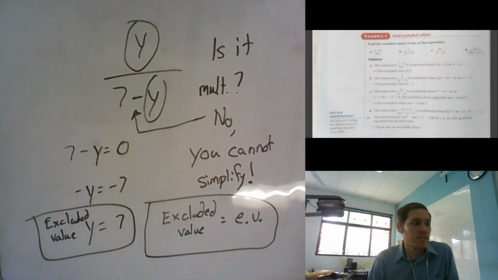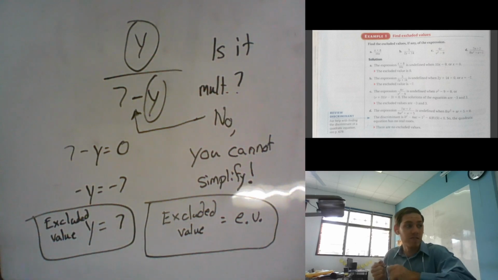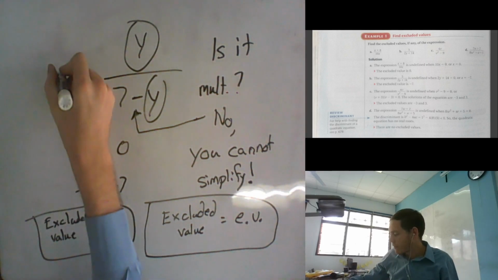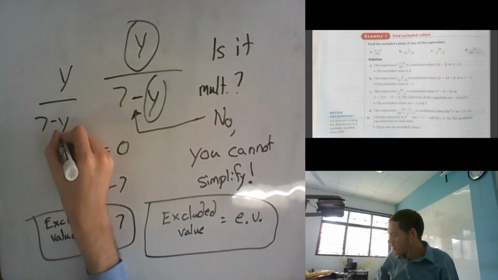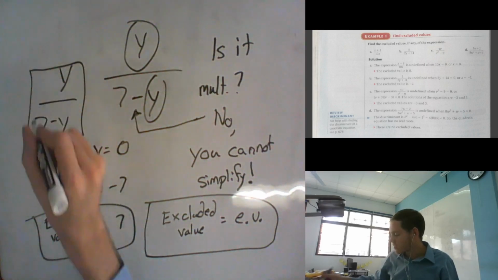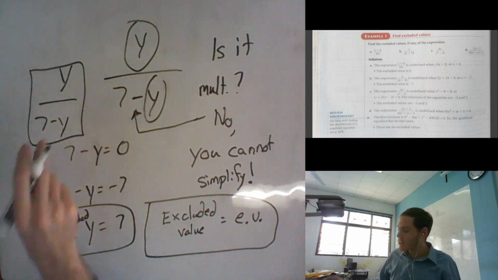But there is no simplification. So if you can't simplify, then it's just y over 7 minus y. That is your answer. So you have these two answers right here: the excluded value and the simplification.